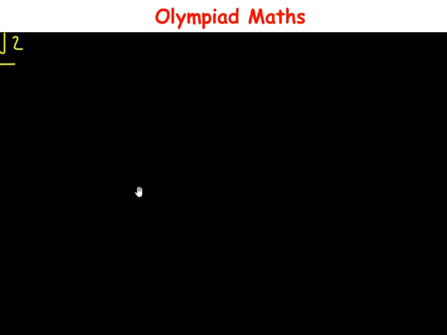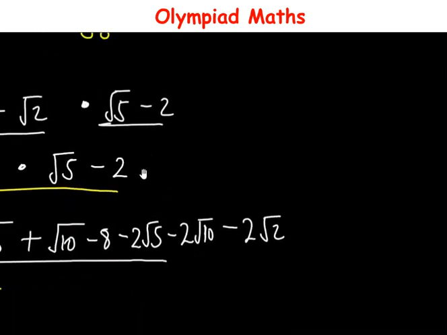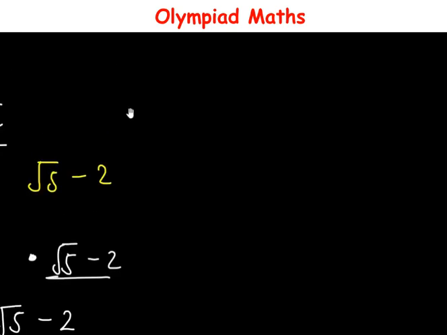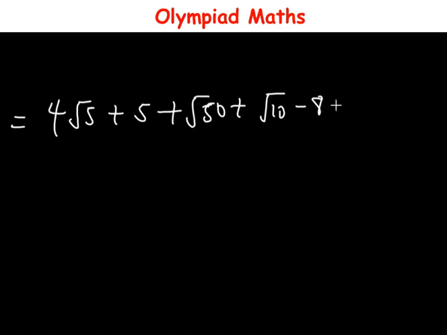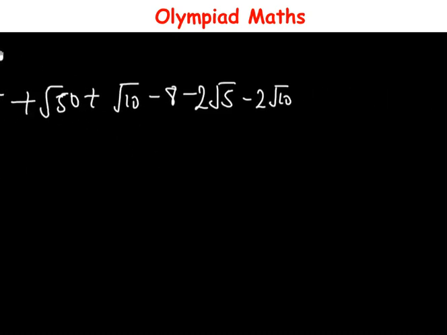And also we have this right here, minus 2 root 5 minus 2 root 10 minus 2 root 2. So writing this down here, we have minus 2 root 5 minus 2 root 10, and also minus 2 root 2.